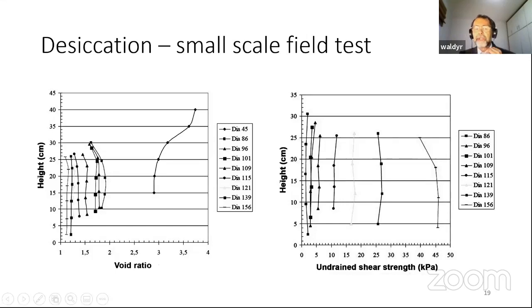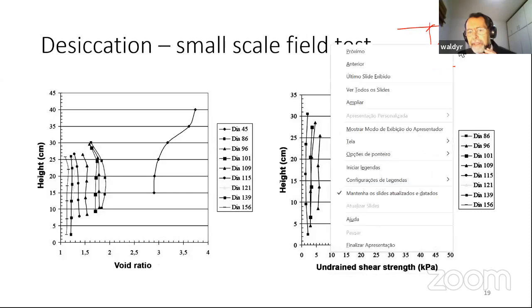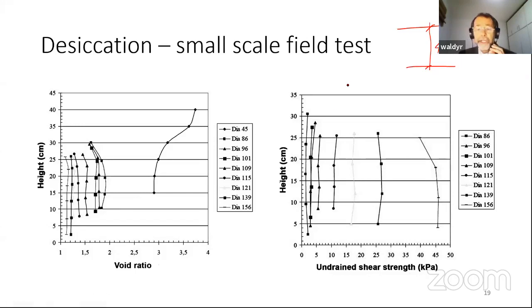In this experiment, what he did is make a very small pond, about 40 centimeters thick. And then he sampled it from time to time. He also did some undrained shear strength measurements and also measured suction.